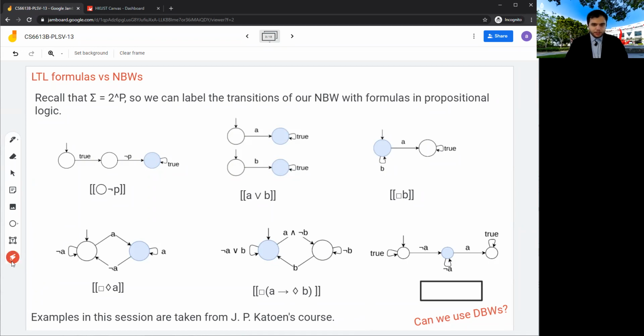Okay, and what about this last one? So I start here, I basically ignore a finite prefix. This is true, so I can always take this edge. I ignore some prefix until I get to a state where I have not A, and then I go here.